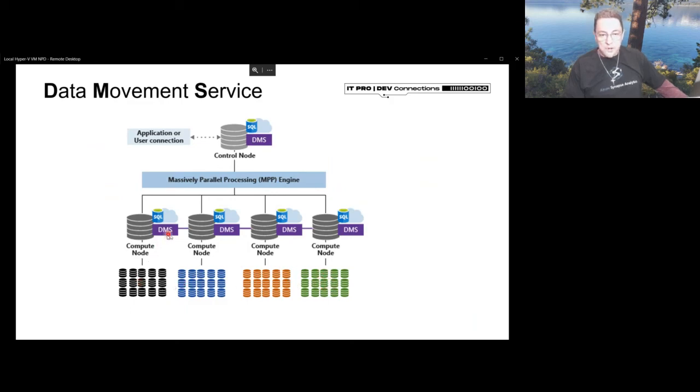You probably have noticed here there is this thing called DMS, and DMS stands for Data Movement Service. The bottom line here is when the query comes in and goes down to the compute nodes to request the data from the distributions, the Data Movement Service, or DMS, is controlling this.